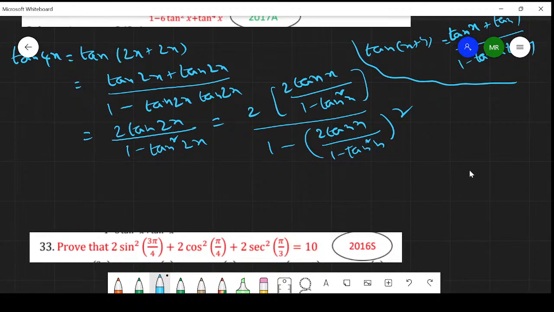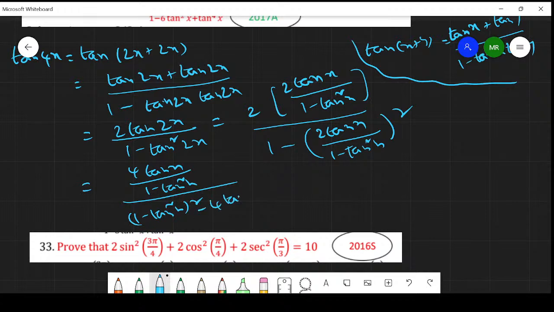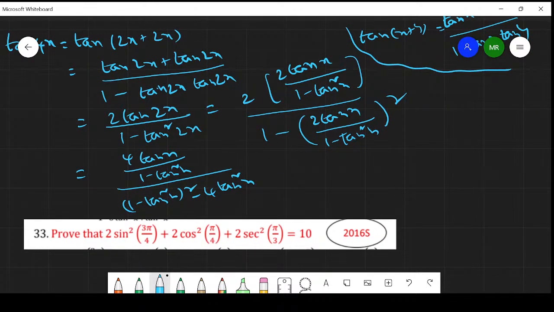Now I can simplify. Here you will get 4 tan x by 1 minus tan square x, over 1 minus tan square x whole square minus 4 tan square x, all by the denominator 1 minus tan square x whole square.